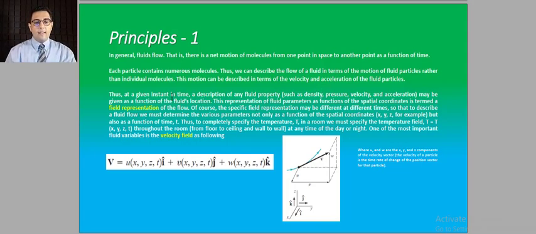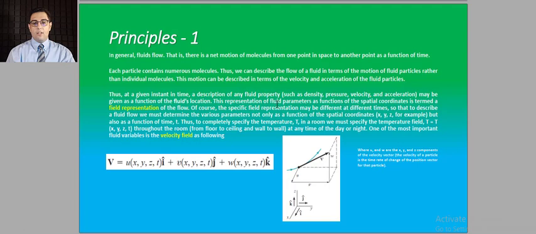At a given instant in time, a description of any fluid properties such as density, pressure, velocity, and acceleration may be given as a function of the fluid's location. It means that when we are going to analyze the particle's motion, we have to regard the location or the position of that particle as well as the time that's passing by.